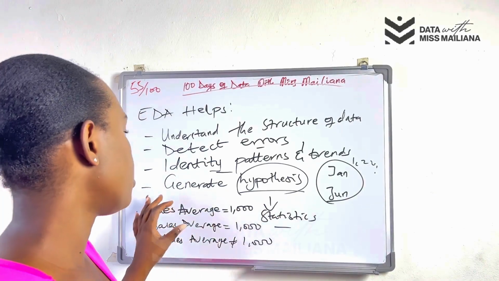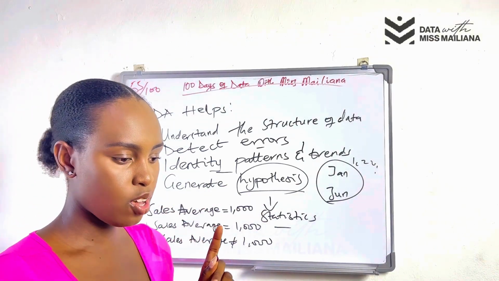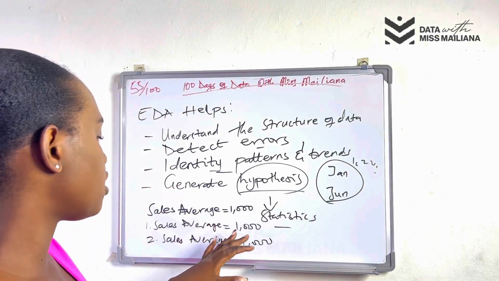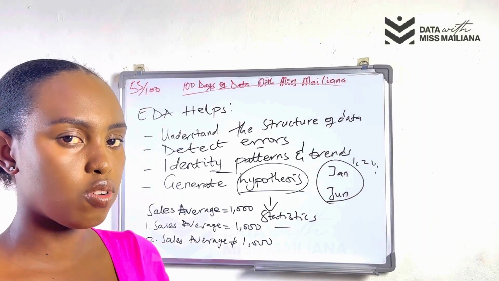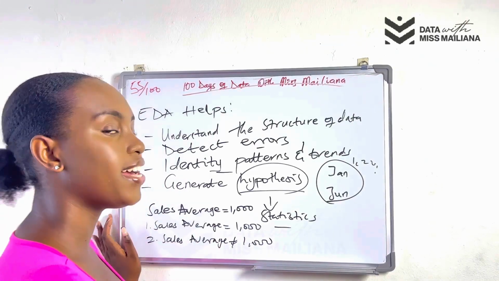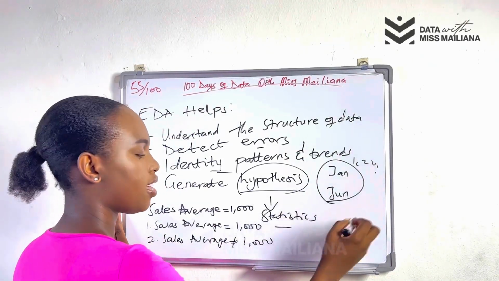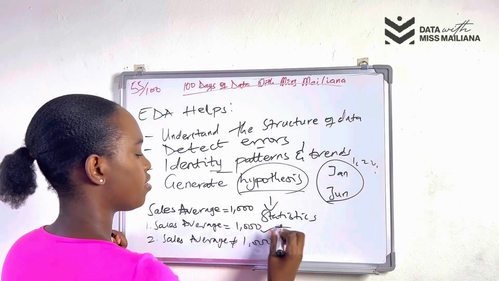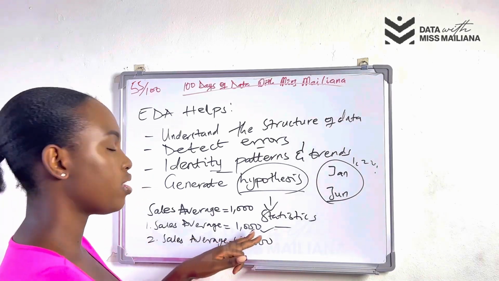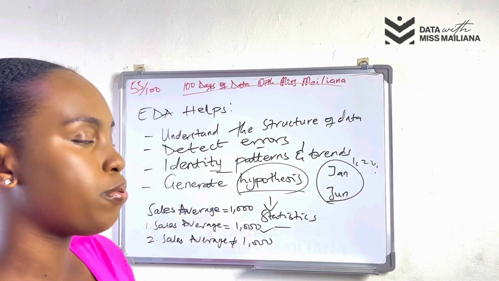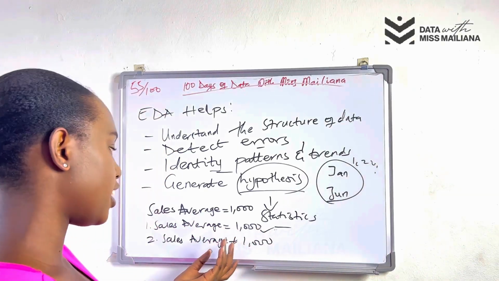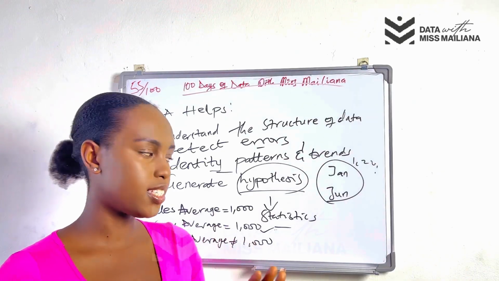So you say, okay, let's create two questions that you are going to use to make the analysis: that sales average is equal to 1,000, or sales average is not equal to 1,000. When you do the major analysis, you find out that sales average is roughly 1,000. So you answer that it's true, the sales average is equal to 1,000, or it's false, the sales average is not equal to 1,000. So when you talk about hypothesis, it's like creating a general question to be answered at the end. This is how best I can explain it to a lay person. I hope you understand as well.